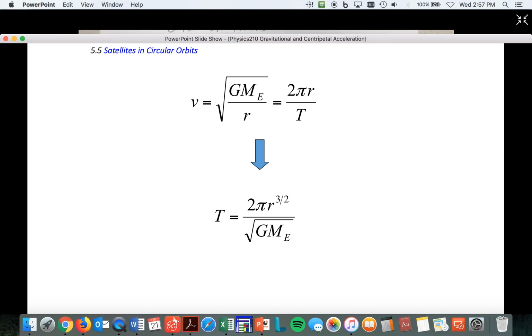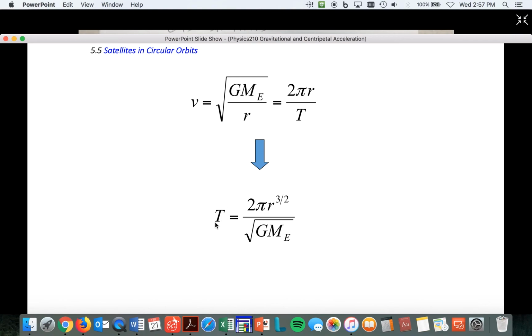So we know that V is equal to 2 pi r over T. We know the period, so we're going to put these two together to figure out what V is, its speed, and also what R is. I think we're probably going to have to find R first because that's the easiest way to go.